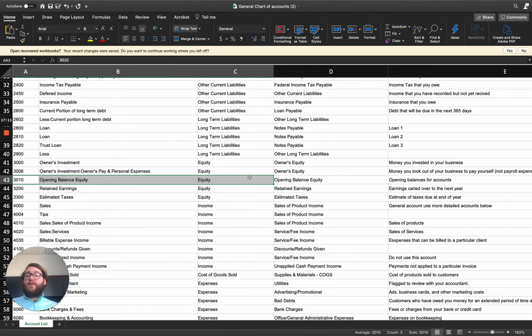Opening balance equity is a required account in any QuickBooks. This is if you're starting fresh with QuickBooks, but you're not a fresh company; this is where you would put the beginning balances for your accounts. Retained earnings is going to be earnings that you received in previous years or previous months, depending on when you're looking at your balance sheet, that are carrying over, but they're not showing in your net income.